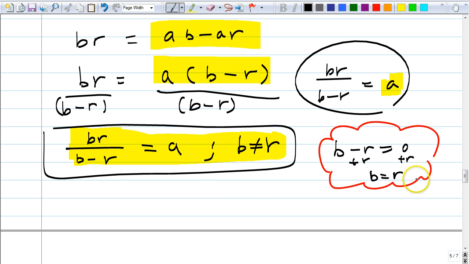If you ever get questions like this, make this whole thing on the denominator equal to 0, and solve for one of the variables, whatever comes before in alphabetical order. If you solve for B, you add R to both sides. You know that B equals R. That's the restriction. It would be wrong if you wrote B cannot equal negative R, because then you get negative 2R. That's not 0. Do you understand?